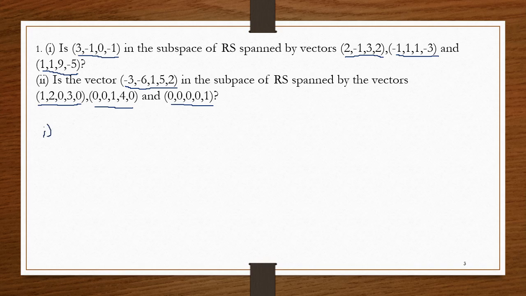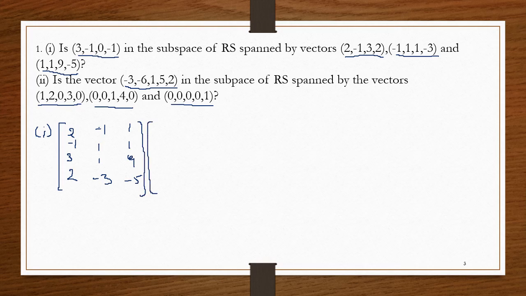For the first one, we write the first given vector (2, -1, 3, 2) as a column, then the second vector (-1, 1, 1, -3), and the third vector (1, 1, 9, -5). We write the other vector (3, -1, 0, -1) as the solution set. So we need to do row reduction.